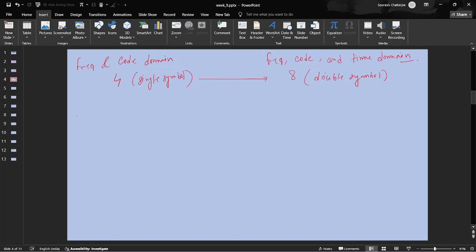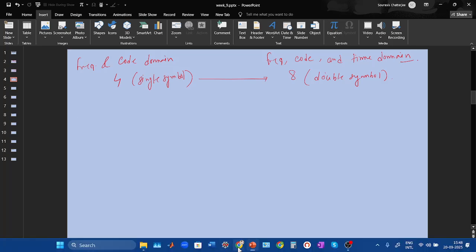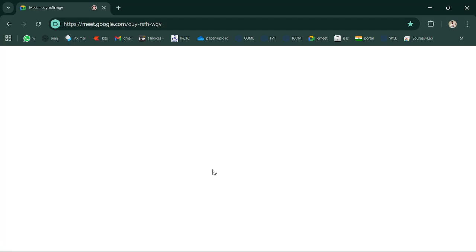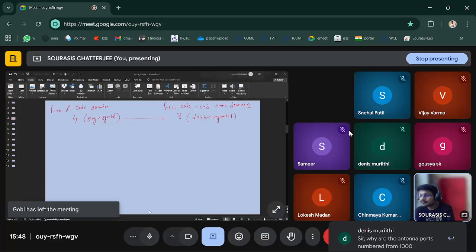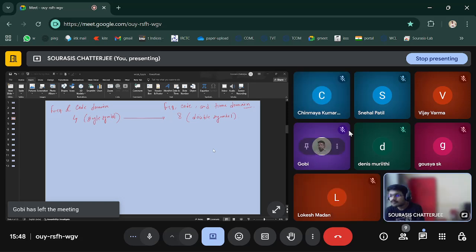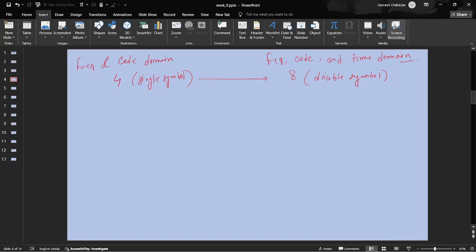Fine. Now when it comes to type 2 here, what are the differences from type 1?